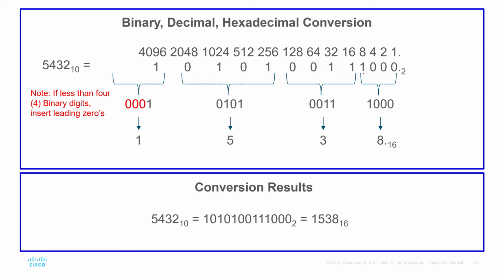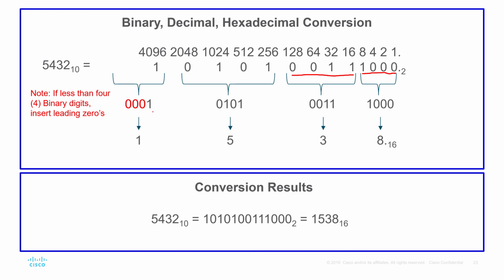Then I read each group of 4, so I separated, starting at the radix point, each group of 4, 1, 0, 0, 0, 0, 0, 1, 1, 0, 1, 0, 1, and I have to put in my leading zeros, or 0, 0, 0, 1. It does not change the value of a number to put in leading zeros, only trailing zeros.